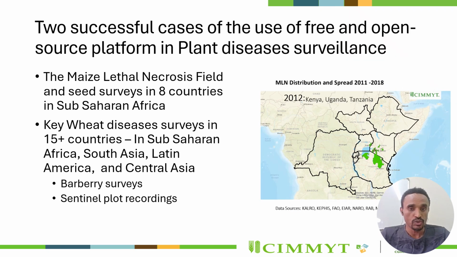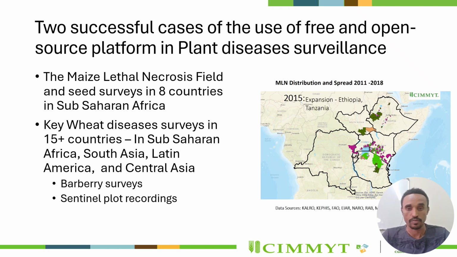There are two successful cases of use of this free and open source tool for plant disease surveillance. The first one is maize lethal necrosis, where there were active field and seed surveys in 8 countries in sub-Saharan Africa. The map you see here is generated based on the information gathered during this surveillance activity.